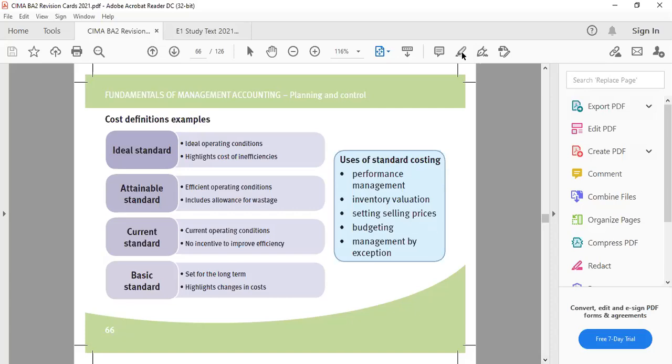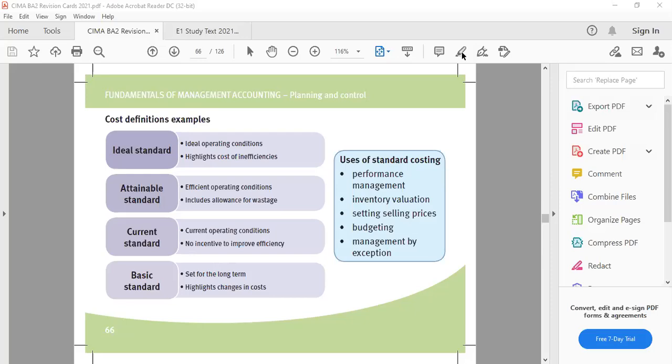But this ideal situation prevailing is not a possibility all the time, because there may be a breakdown of machinery, or laborers on leave, absenteeism, and the availability of material and other resources may not be possible. So some percentage of the work is not possible to be achieved because of so many restrictions.